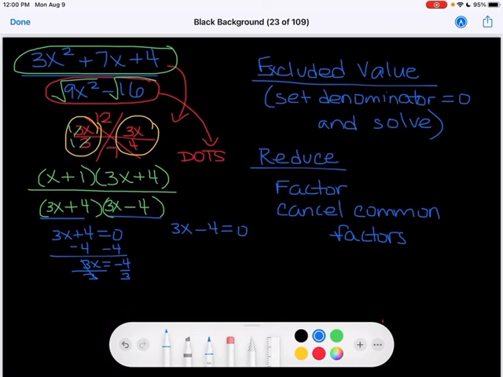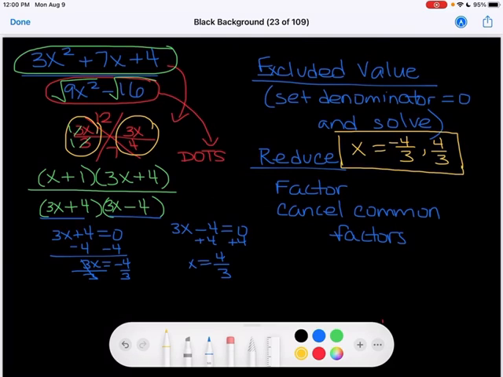So one of my excluded values, I'm going to write it over here, is negative 4/3. And then I've got to go over here, I've got to add 4 and divide by 3. So I'd get positive 4/3 for that one. So my excluded values are negative 4/3 and positive 4/3. If we plug those two in for x, we get 0 in the denominator, which we don't want.